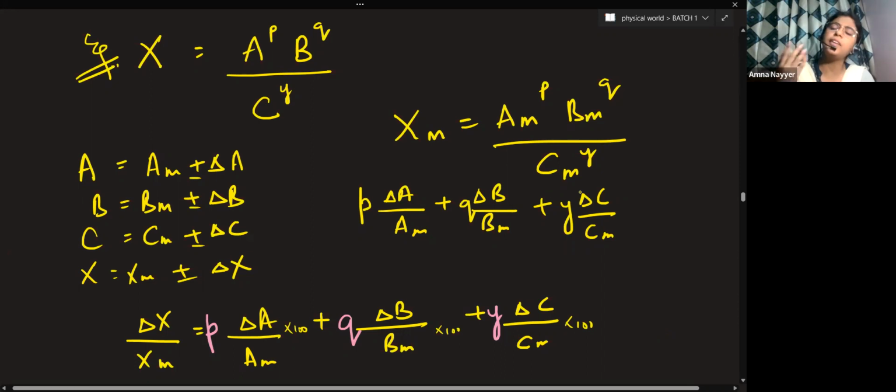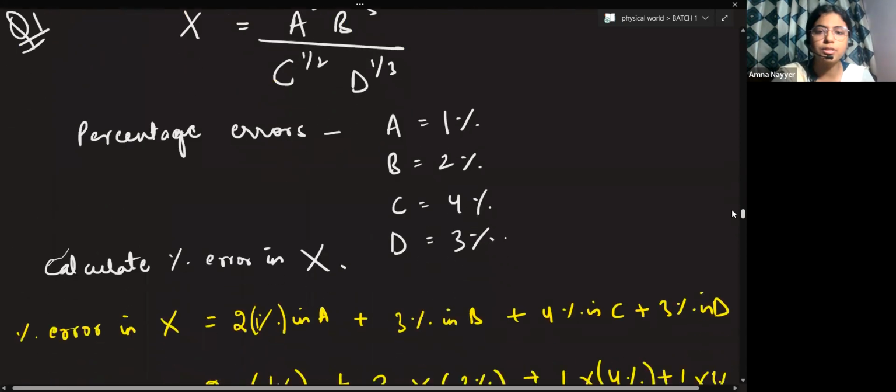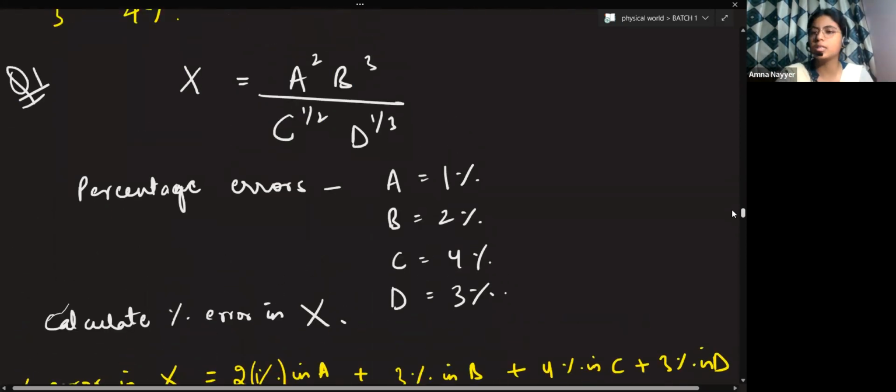In this manner, if any quantity is given in multiplication form, in division form, in addition, subtraction, in whichever manner, if it is given, then you just have to write the exponents in front of it and simply multiply it. The way we did a question on it. For example, this question was given, percentage errors were also given.